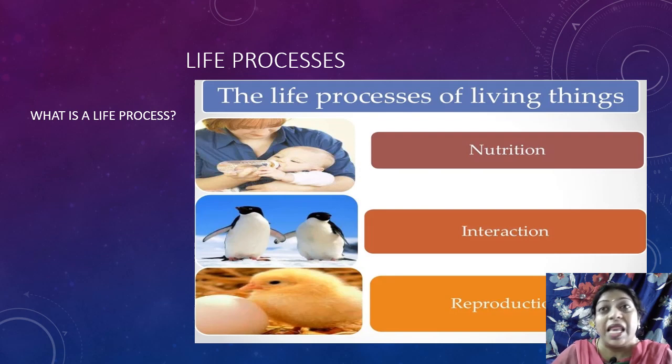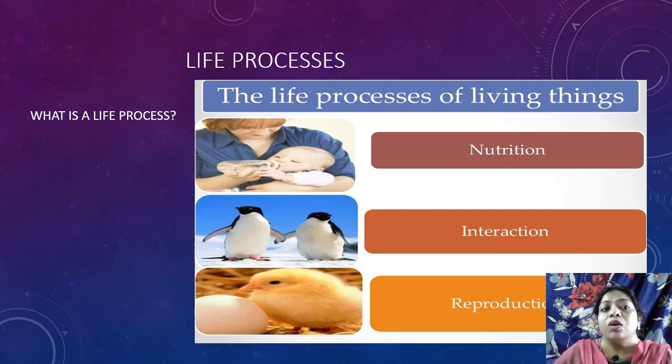Every individual must have these basic functions. They are performed by all living organisms, not only human beings, but birds, animals, fishes, and microorganisms, to maintain a sustainable life on earth.